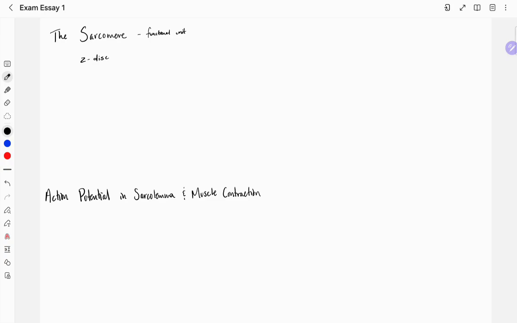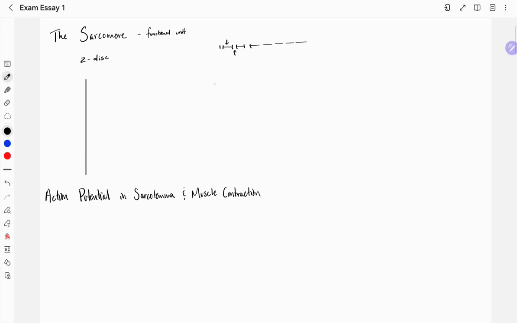These Z discs are the ends of a sarcomere. So essentially you have many sarcomeres lined up together to make up your muscle fiber, and on the ends of them you have Z discs in between. So you have your sarcomere here and Z disc here. That's what I'm going to draw right now, the Z disc.